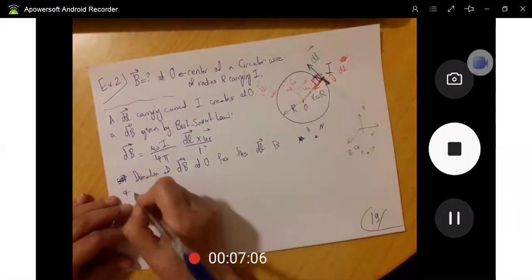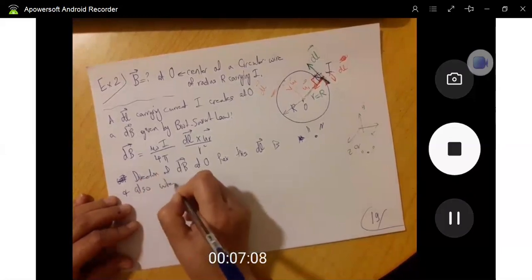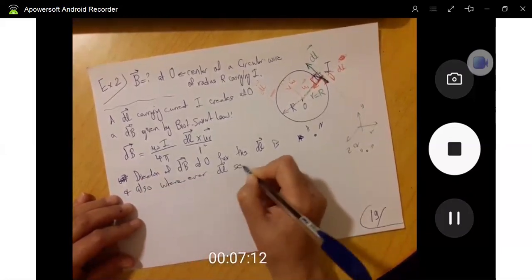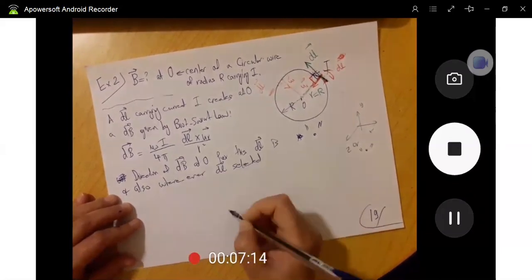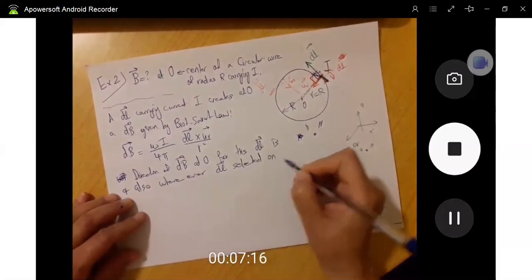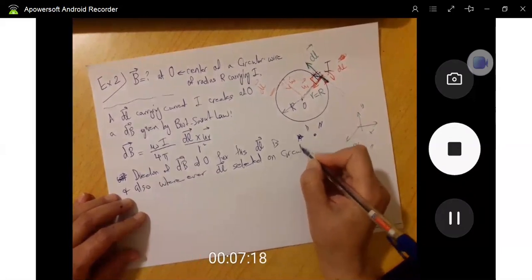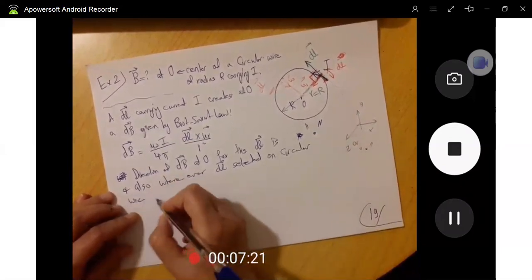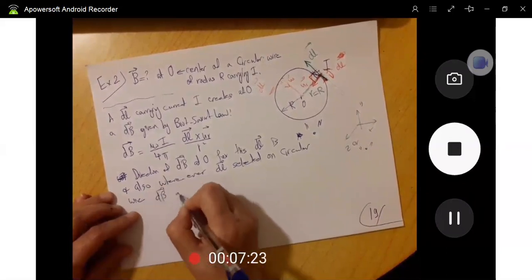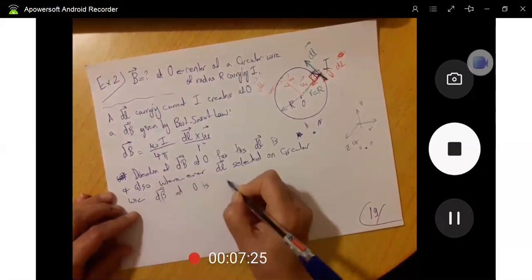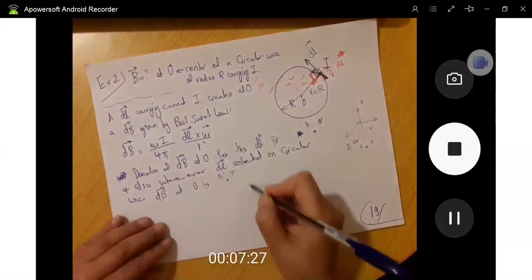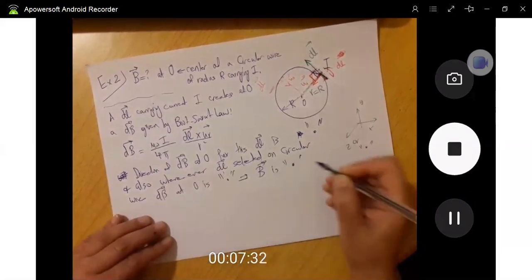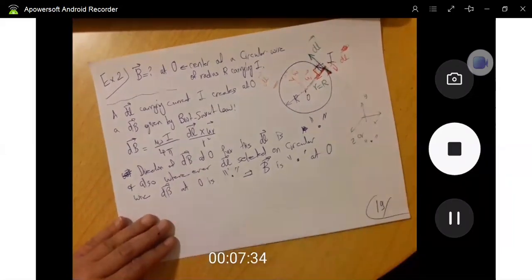And also wherever the dl is selected on the circular wire, the dB vector at O is out of the page, which implies the total B is out of the page at O.